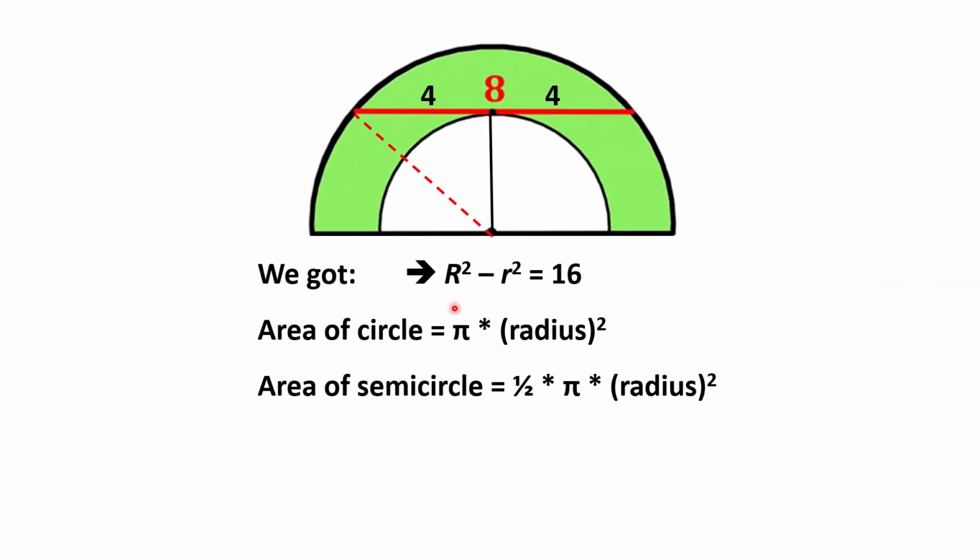So we got capital R square minus small r square equal to 16, where capital R is the radius of the bigger circle and small r is the radius of the smaller circle.